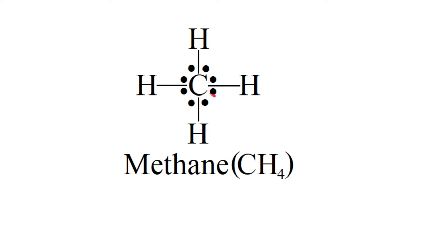So one carbon is sharing 4 electrons with the 4 hydrogens, and the carbon is getting octet configuration. So the very simple meaning is that carbon already has 4 valency electrons. To get octet configuration, carbon forms 4 covalent bonds with the other 4 atoms.